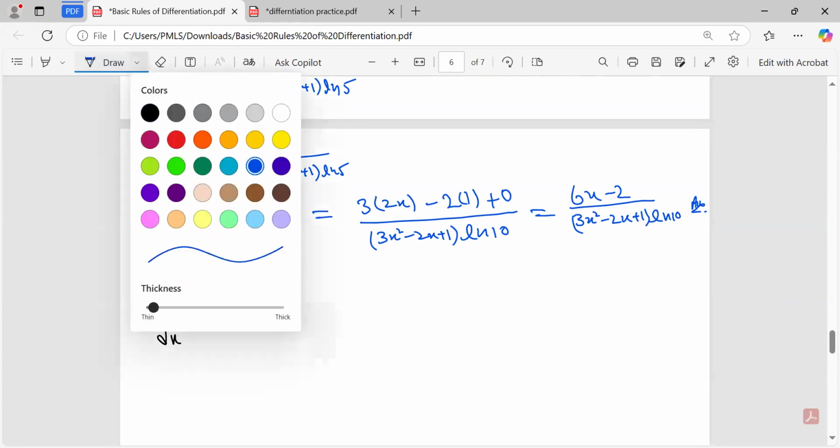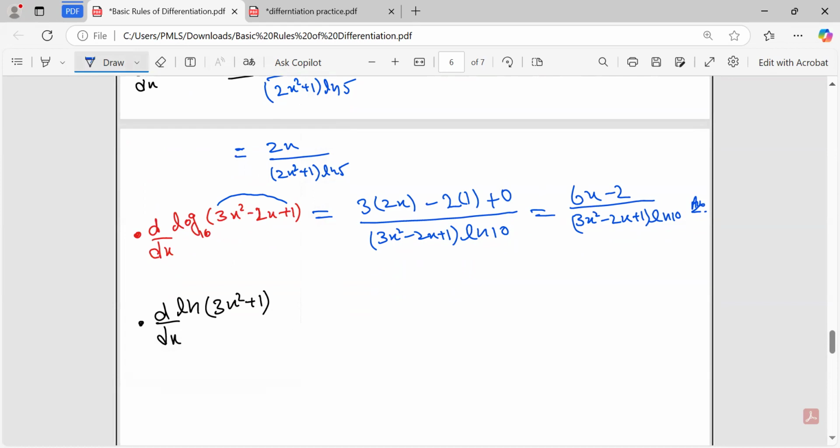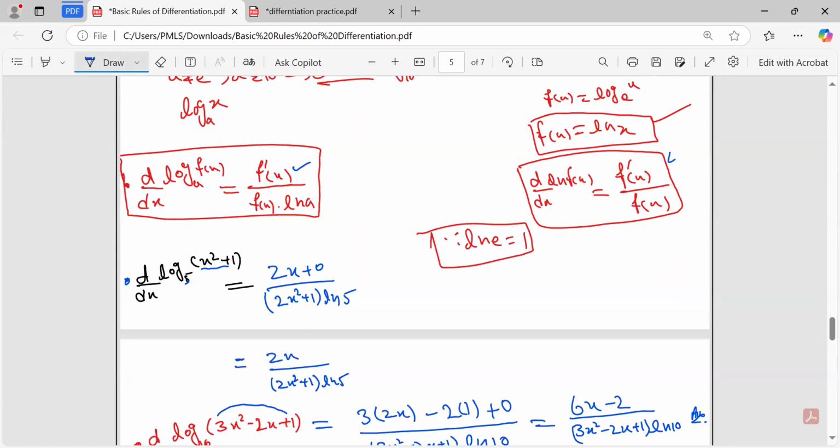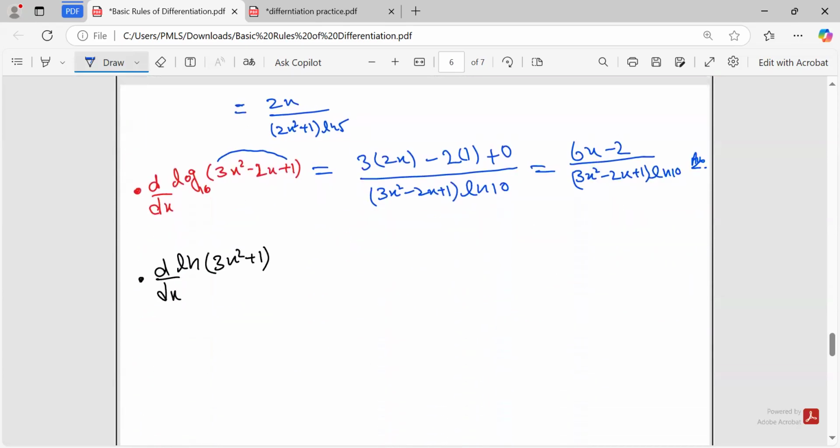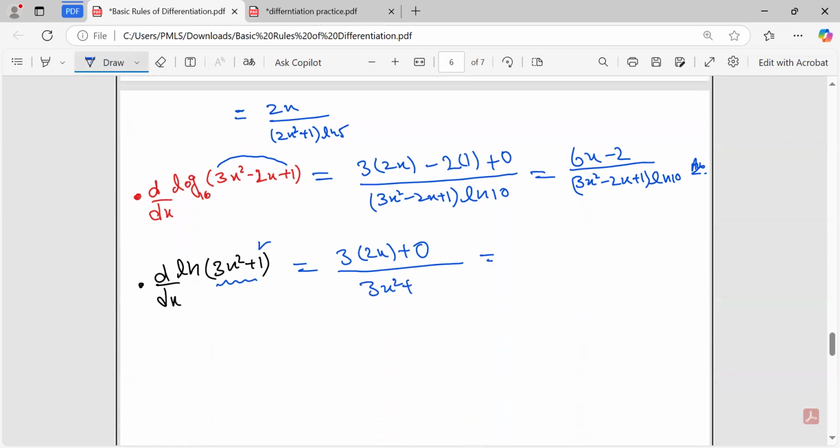We know that for this we use this rule: derivative of f of x divided by f of x. So here f of x is this. The derivative of this will be 3 times 2x plus 0, because the derivative of a constant is 0, divided by 3x² plus 1. So that will be 6x over 3x² plus 1. This is the final answer.